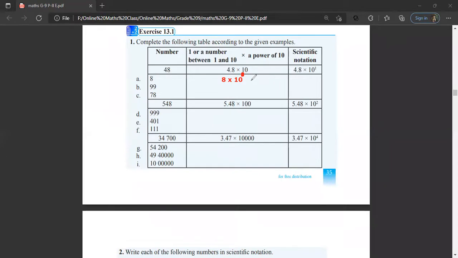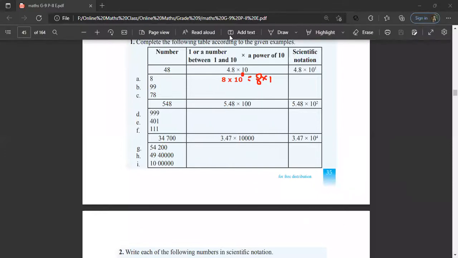So 8 into 1, you can write here 8. Likewise, give me your answers for the other questions as well.